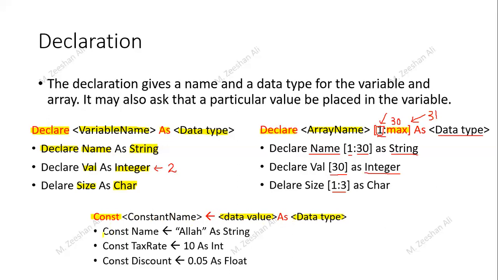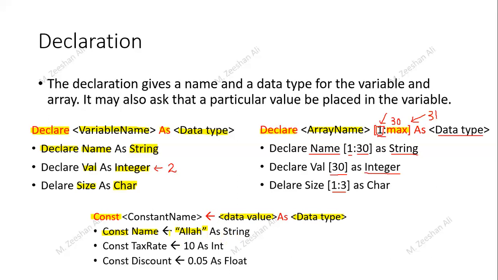As you can see in the example, const name, I am declaring a constant name Allah. When we are declaring any constant that will have a string value, it is necessary to put inverted commas over it, as I have written here. So const name Allah as a string.